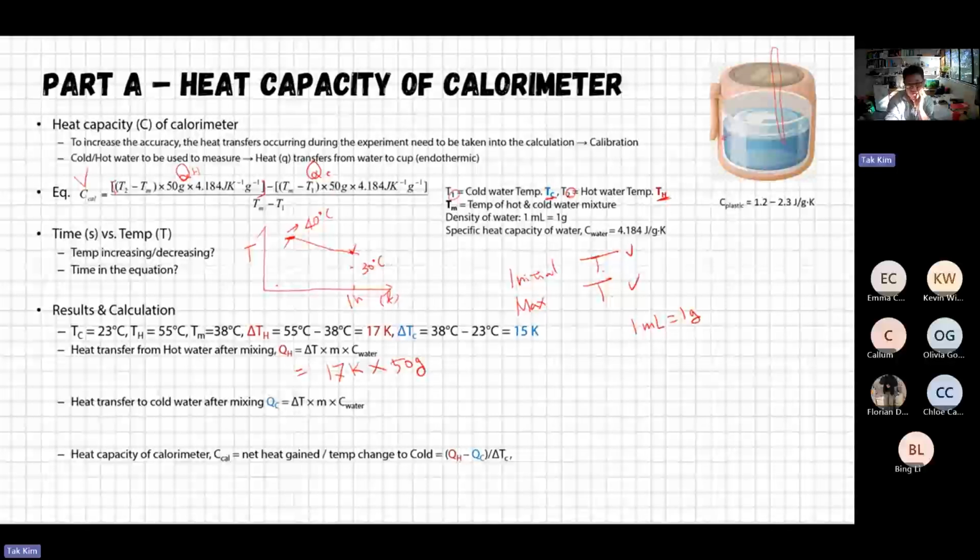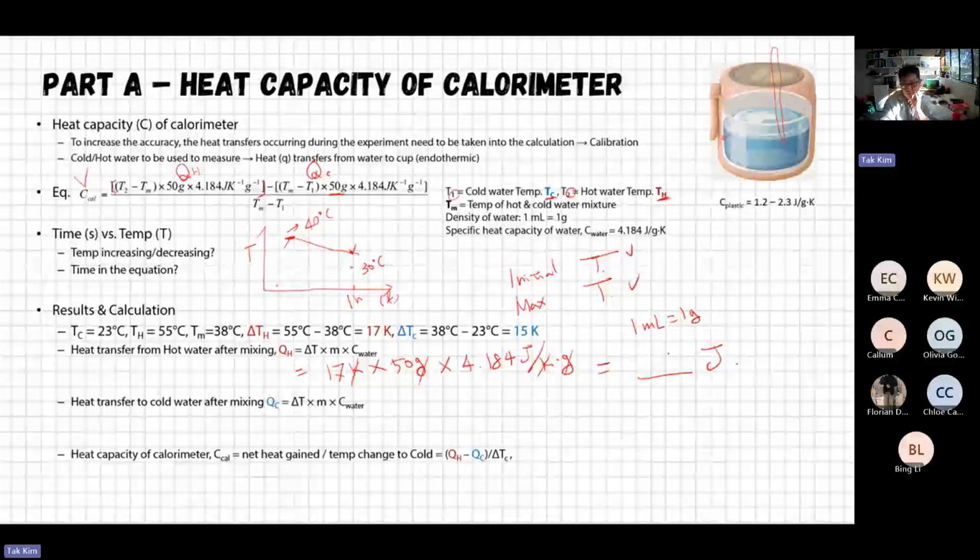So 50 grams is from the volume you used, then times the heat capacity of water, which is 4.184 joules per Kelvin per gram, right? Once you do that, Kelvin cancels out, gram cancels out, leaving numbers in joules.